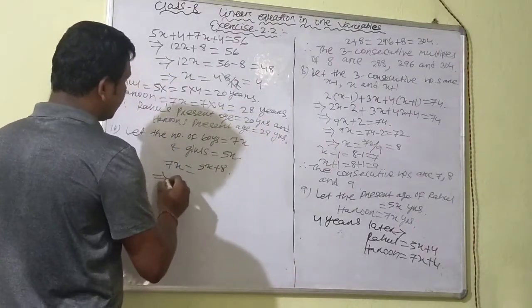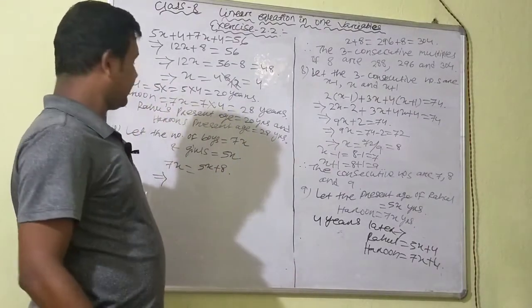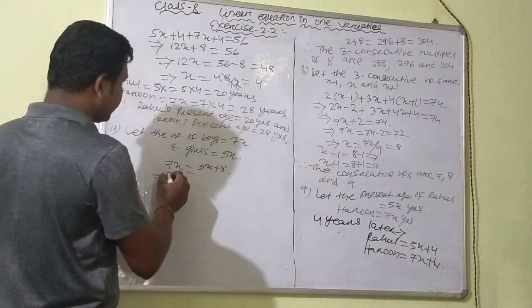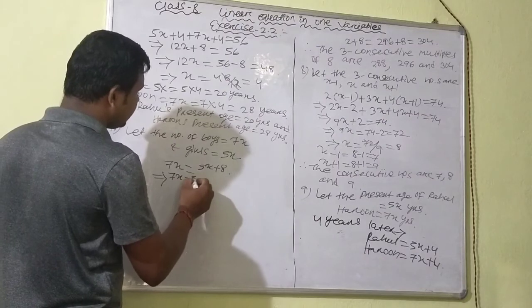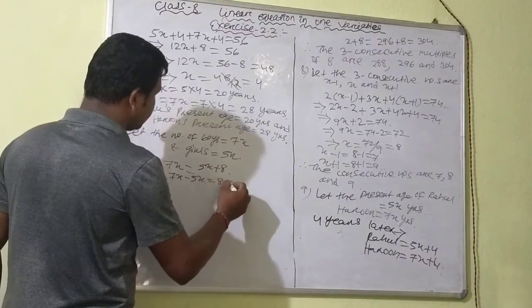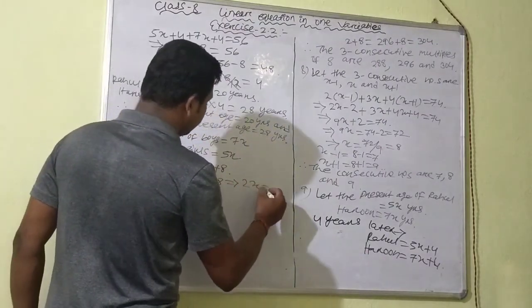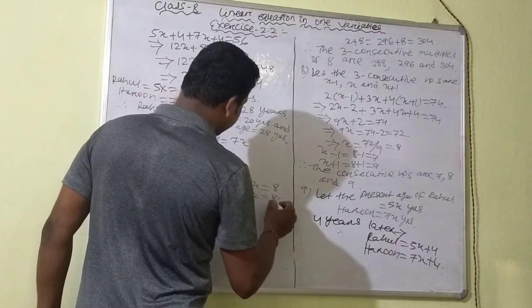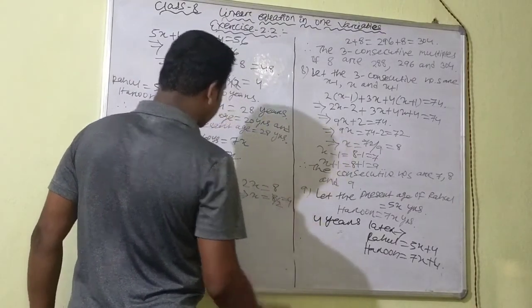Now we will take variables from the right hand side to the left hand side, that is 7x minus 5x equal to 8. So 2x equal to 8, x equal to 8 by 2, which is 4.